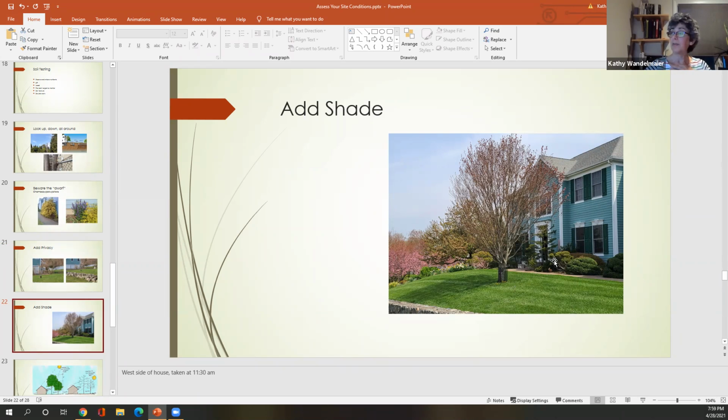And I put this in front of the windows here, which these are bedroom windows up here, and this is dining room. Those rooms tended to be really warm in the summer, even with blinds on them. So having this tree here in the summertime, when it's all leafed out, it does a good job of shading this area of the house. And then in the wintertime, since it's deciduous, it sheds its leaves, and I get the nice warm sun in the winter, which is very much appreciated. Helps keep the rooms warm.